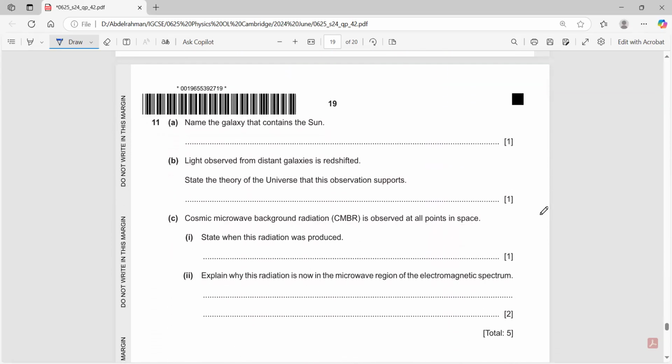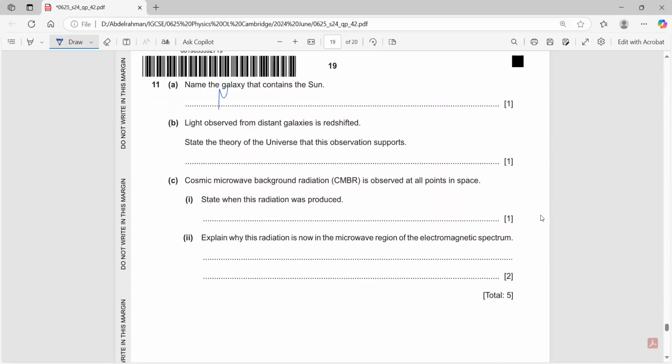Name the galaxy that contains the sun. Milky Way. Light observed from distant galaxies is red shifted. State the theory that this supports. The theory is the Big Bang Theory. Cosmic microwave background radiation is observed at all points in space.